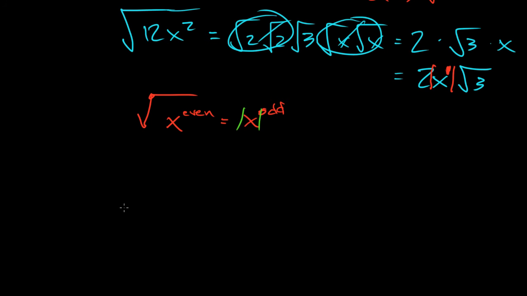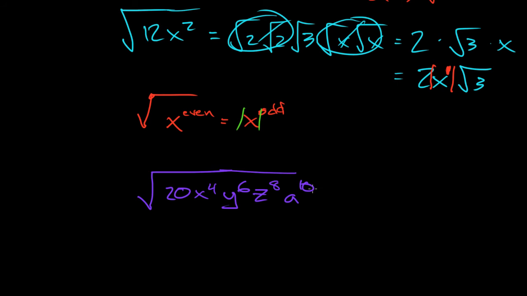Let's see another example. Let's say I had the square root of 20 x to the fourth, y to the sixth, z to the eighth, a to the 10th. Well, you might start to realize that I can do some of this a little bit faster.